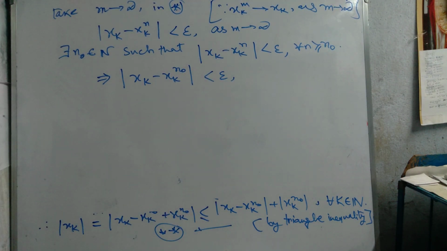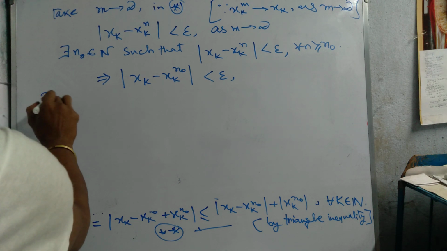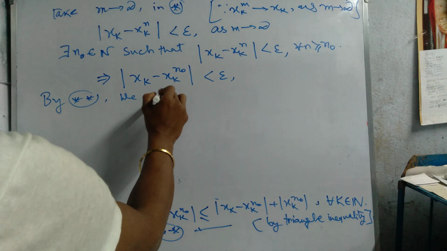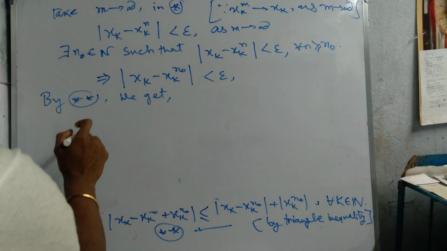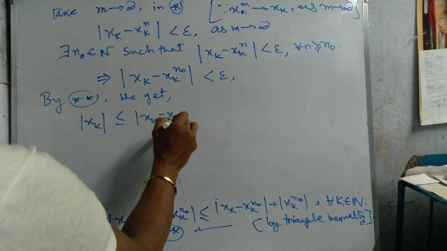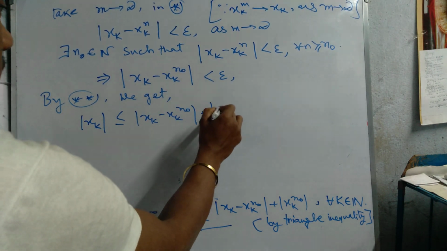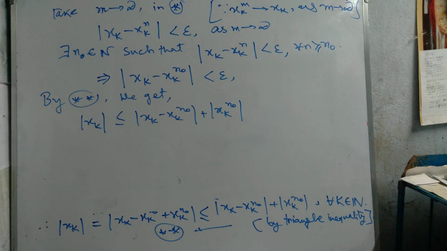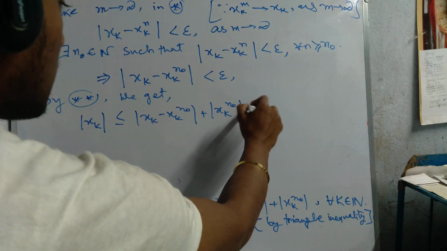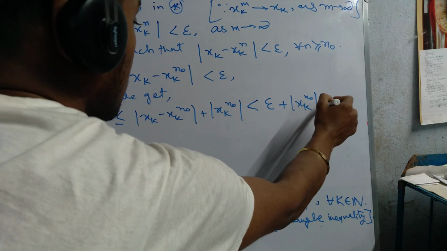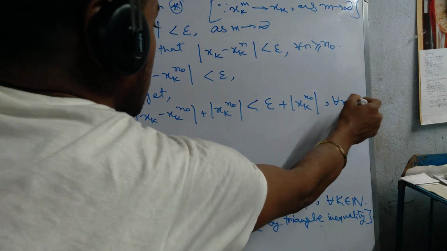So by the double star, we get the modulus of xk is less than or equal to the modulus of xk minus xk^(n0), plus xk^(n0). This is less than epsilon plus the modulus of xk^(n0) for all n greater than or equal to n0.